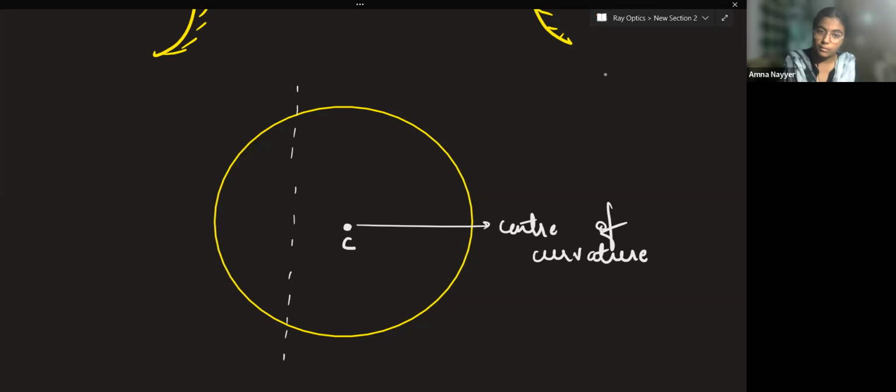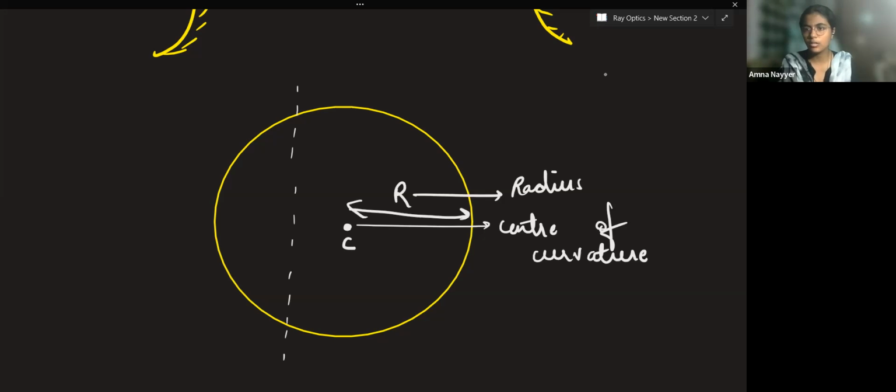When we draw the mirror, we'll consider this for our better understanding, but remember that this was actually the center of the sphere. A sphere has a center and also a radius. So the radius will be the radius of curvature. R is the radius of curvature.